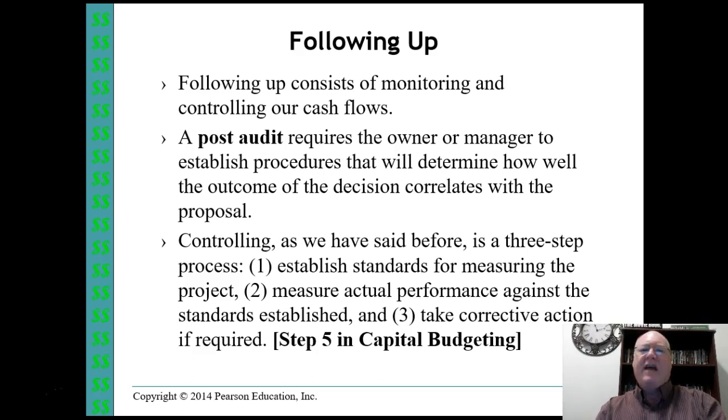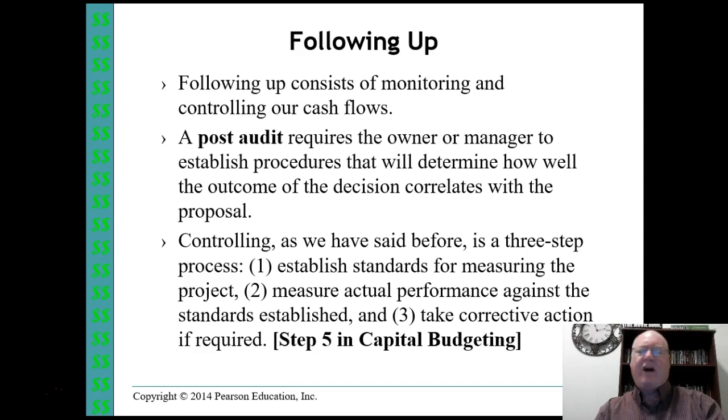Step number 4 on capital budgeting is obviously the follow-up, which consists of monitoring and controlling the cash flows. The textbook refers to this as a post-audit. Whether you call it a post-audit or it's just going back and continuing to reevaluate the decision, you're going to want to have procedures in place that tell you how well that initial decision correlates with whatever you thought was going to happen.